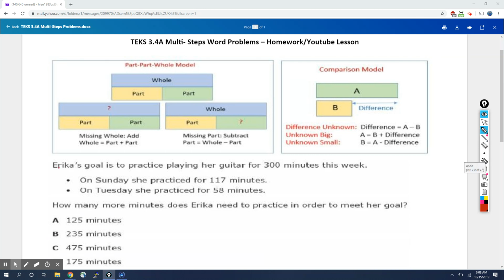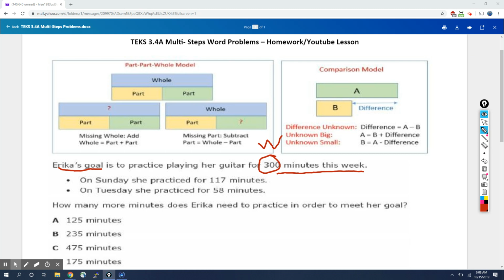Her goal is to practice how many minutes per week? 300 minutes this week. So what do you know about this? Is this all she practiced, or could she practice more? That's right. She practiced 300 as a whole, so I'm putting the W there just to remind us this is the whole.